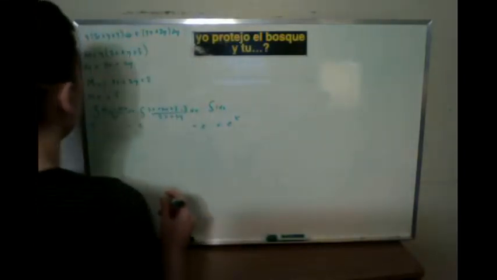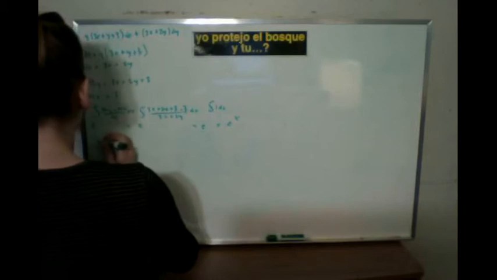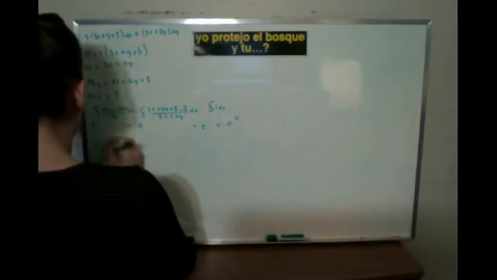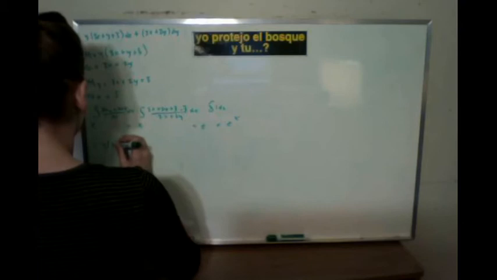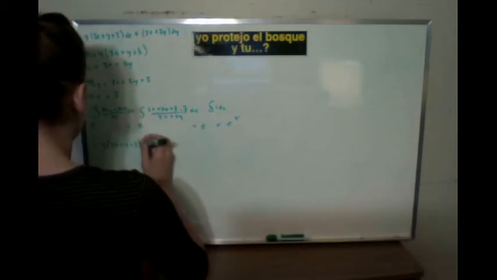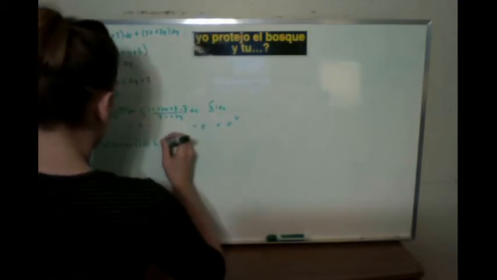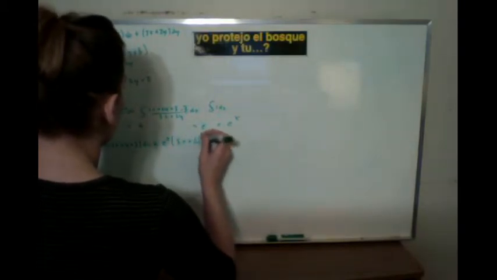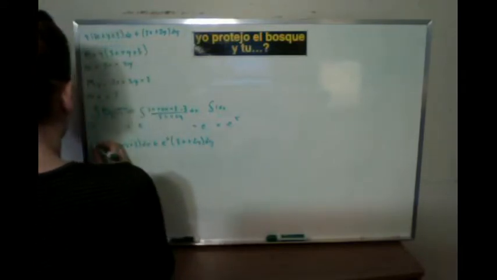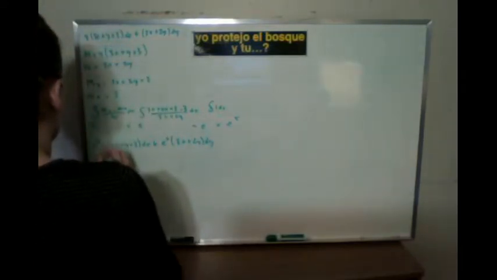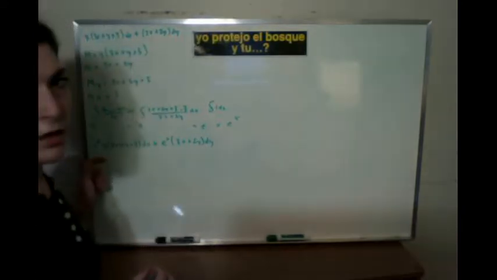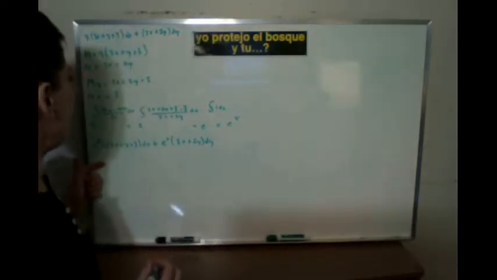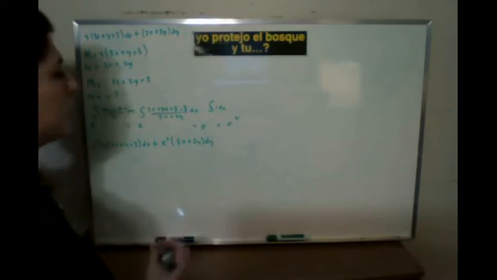So our new differential equation becomes e to the x times y times (3x plus y plus 3) dx plus e to the x times (3x plus 2y) dy. Now we can check our My and our Nx to see if they're equal.